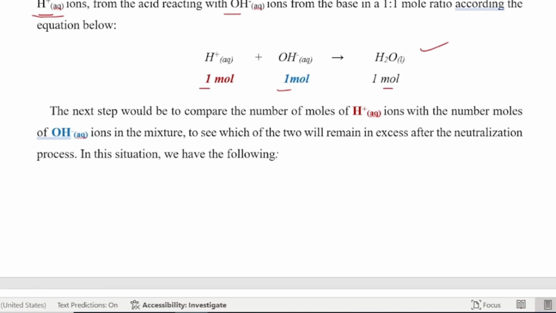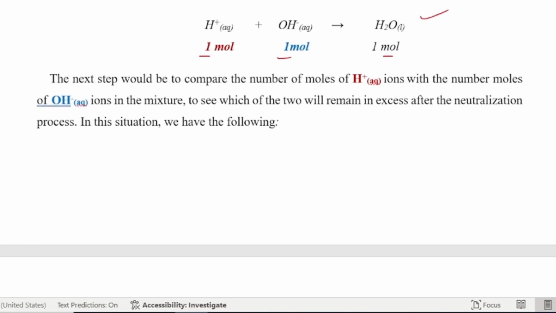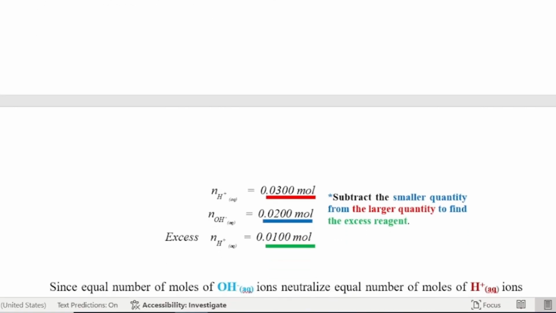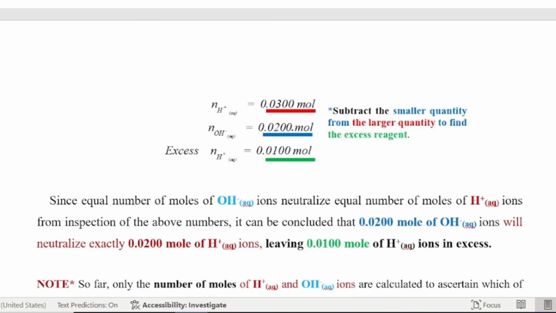Let's see how many moles of the hydrogen that we had in the previous solution will be used up by that number of OH. Initially, we had that number of moles of hydrogen. Now we're adding that number of moles of OH. When you do the math and subtract this from that, you end up with this number of moles of hydrogen left over. So in the solution, you're going to have an excess of that number of moles of hydrogen ions.